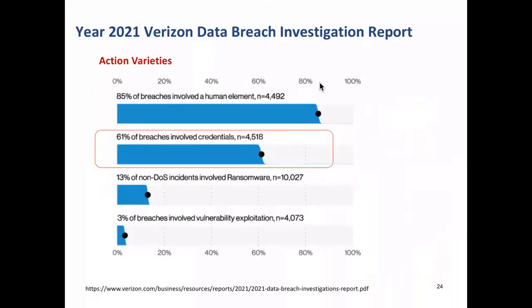Similarly, this survey is available in terms of multiple views or aspects. Same thing, it says that about 85% of breaches involve the human element. Because earlier we also saw one diagram where we said that the weakest link in security is human beings, and the same point is coming here.